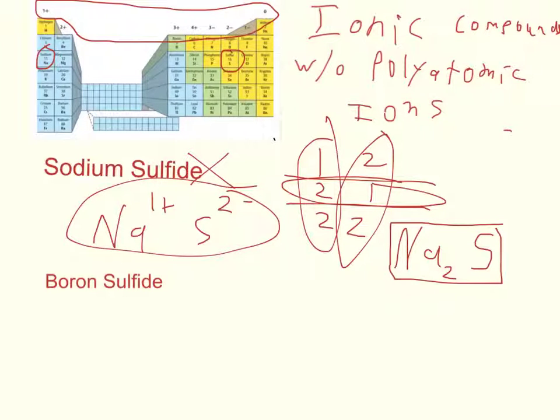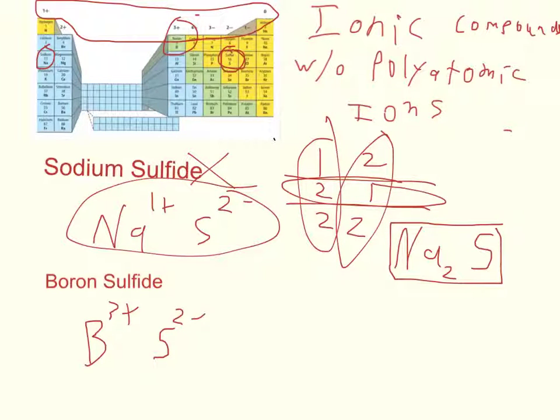Now on to boron sulfide. Boron is right there, and so it's B 3 plus. And sulfide again, it's right there: S 2 minus. Now there's another way of doing it.